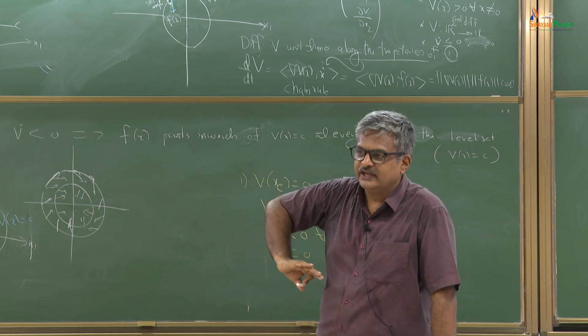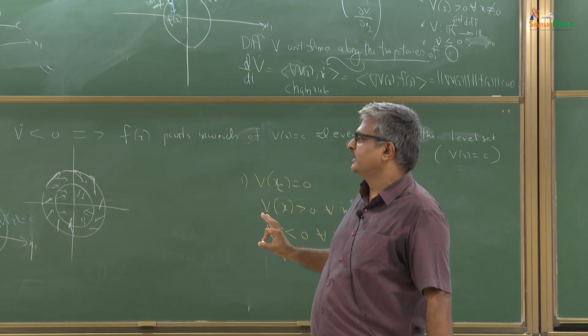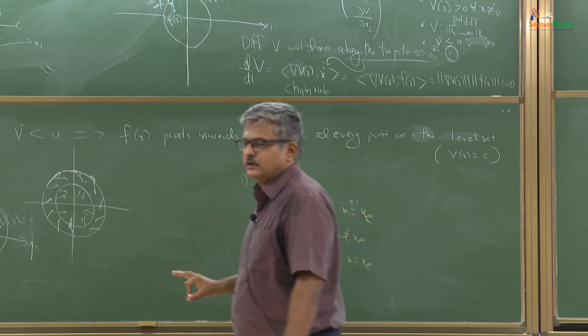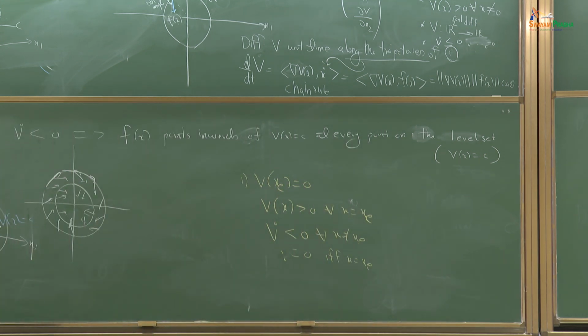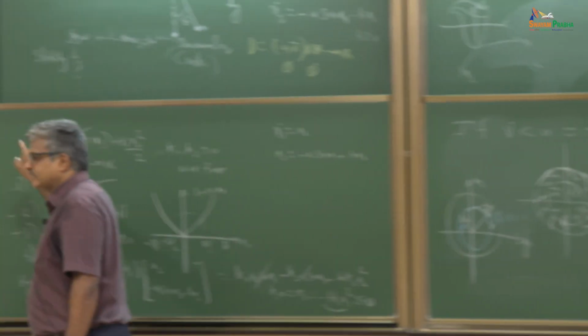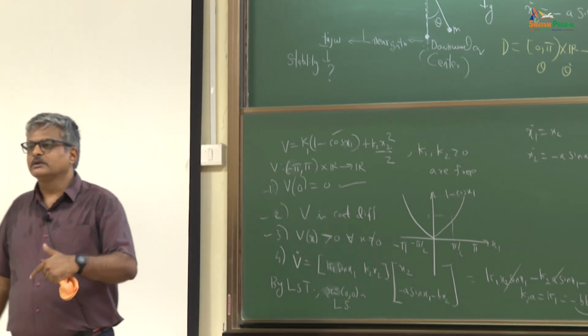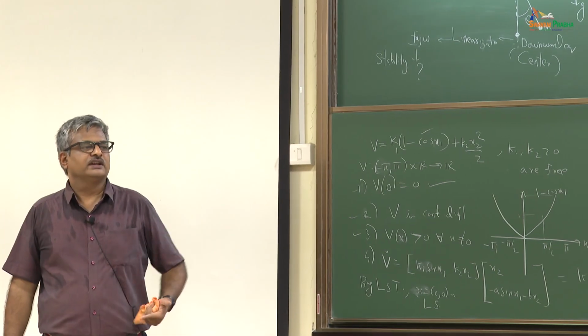This does not use any numerical construction, no phase portrait, no linearization, right? All that you have to do is find the right function. So the Lyapunov stability theorem is a sufficient condition.